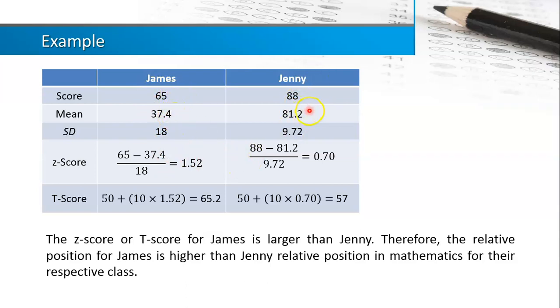Jenny is also larger than the mean, but in terms of relative distance from the mean, James is much further from the mean. So it is 1.52 SD compared to 0.7 SD for Jenny. So actually James is performing higher than Jenny in their respective classes.